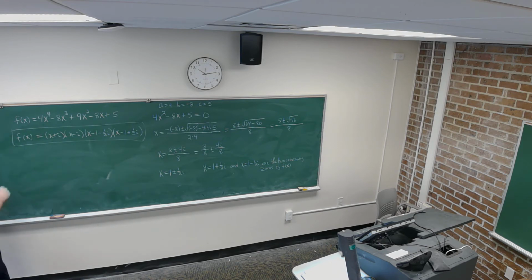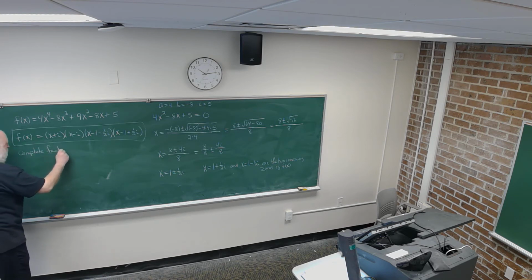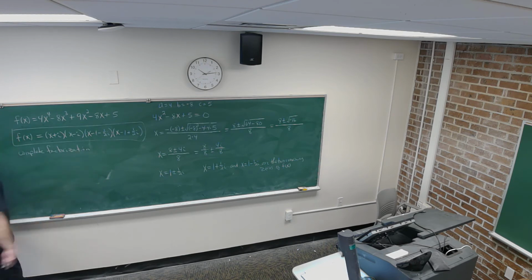That's the complete factorization. Once you know the zeros, you can write out the factors.